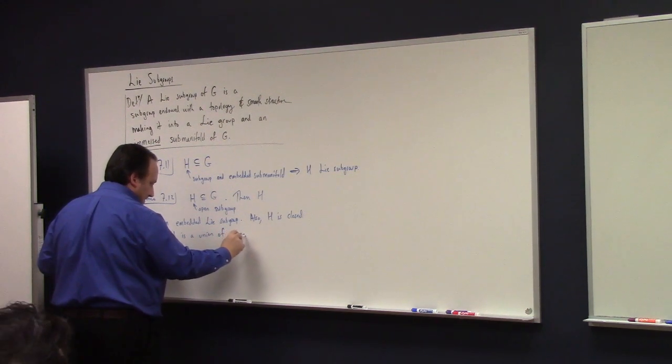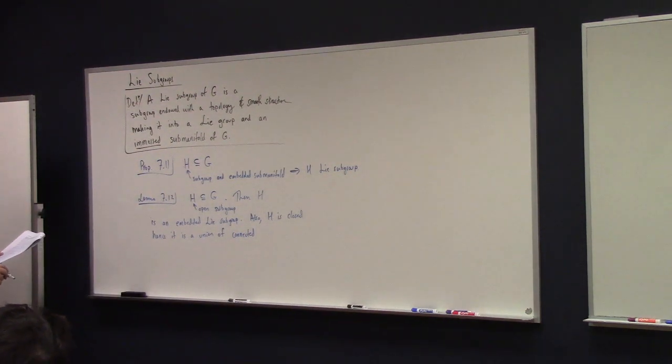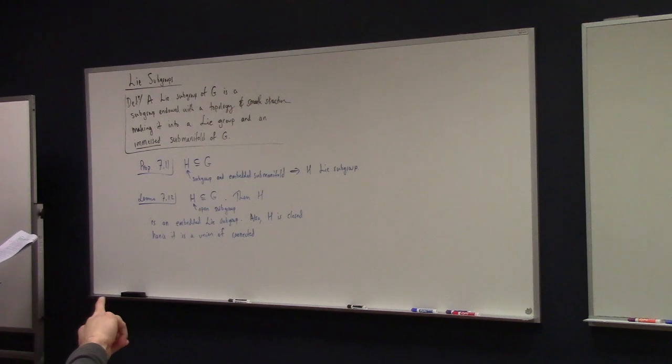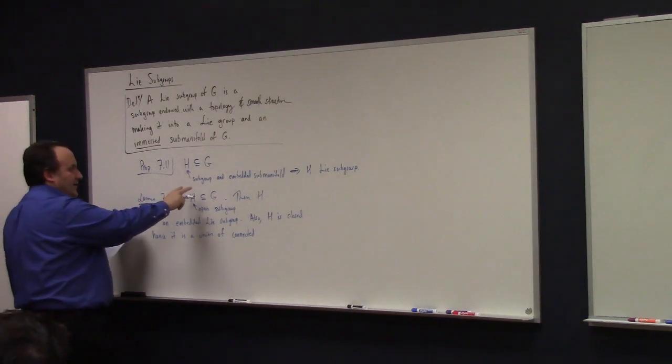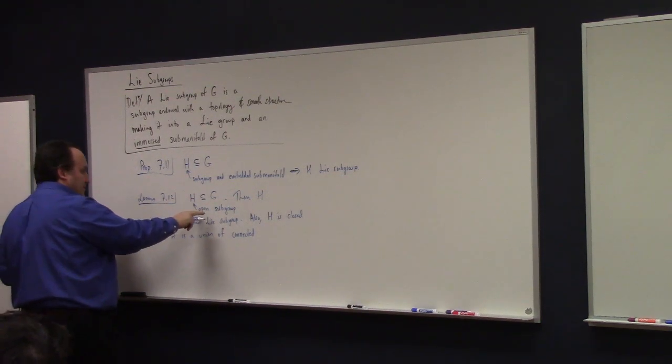Is the word embedded here important, or does that just mean subgroup, subset? Just trying to see if there's a difference between 7.11 and 7.12. Well, the assumption in 7.11 is that this is a subgroup and an embedded submanifold. Here, the assumption is it's an open subgroup.